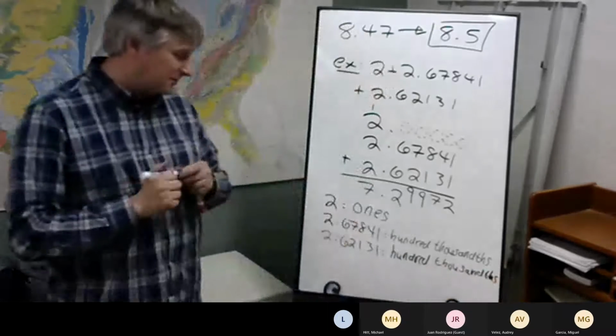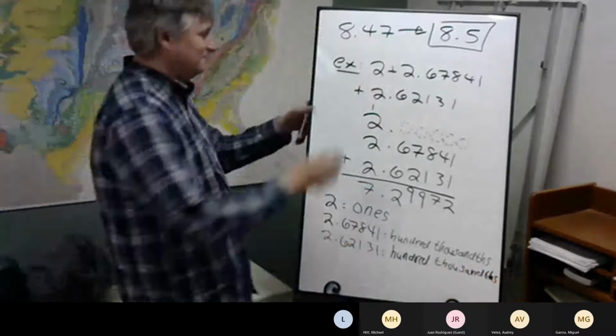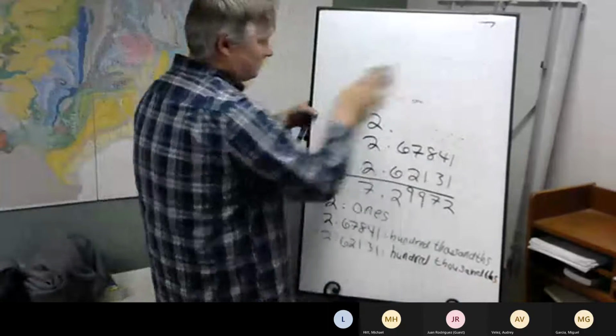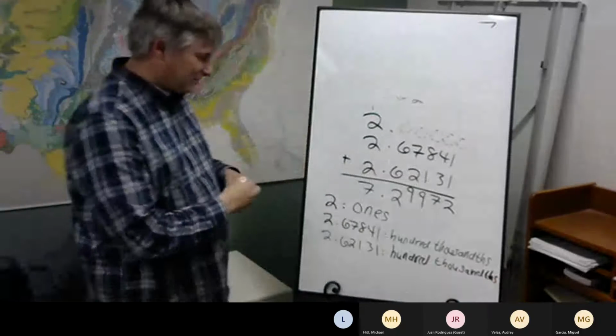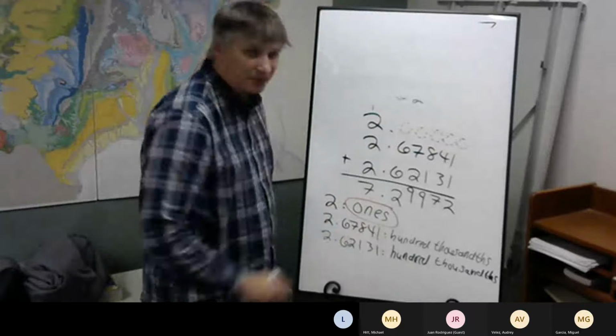We have 100,000. So the least precise number, of course, is going to be the 1s.